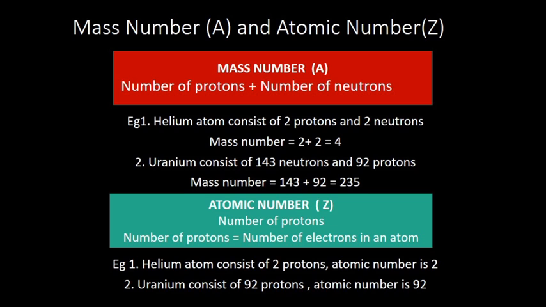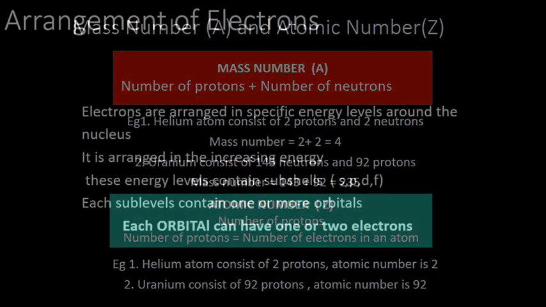The sum of the number of protons and neutrons is known as the mass number, and atomic number Z is the number of protons. So in the nucleus, the number of protons is represented by the atomic number. But practically, in any atom, the number of protons is equal to the number of electrons, so you can take the number of electrons also.